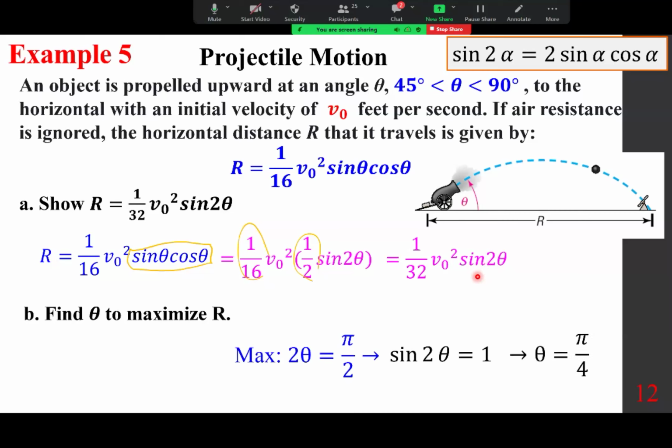So the maximum occurs when sine 2 theta equals 1. It's pretty straightforward, everybody.